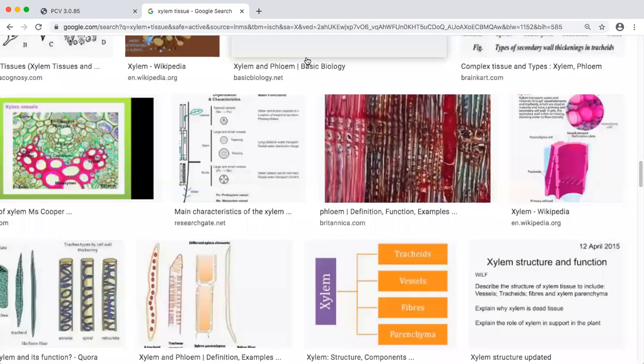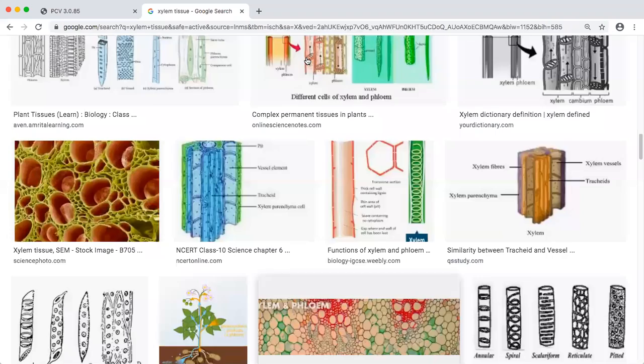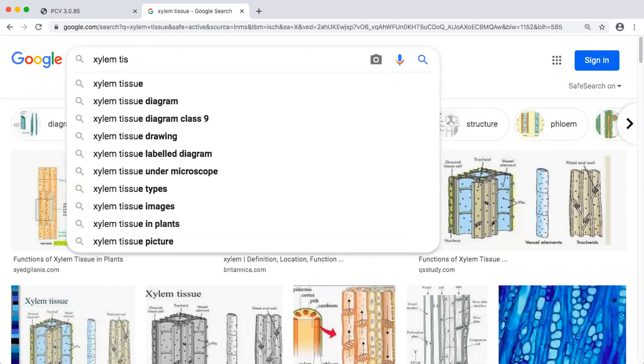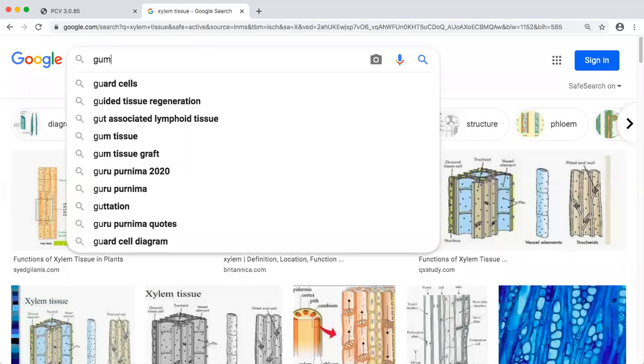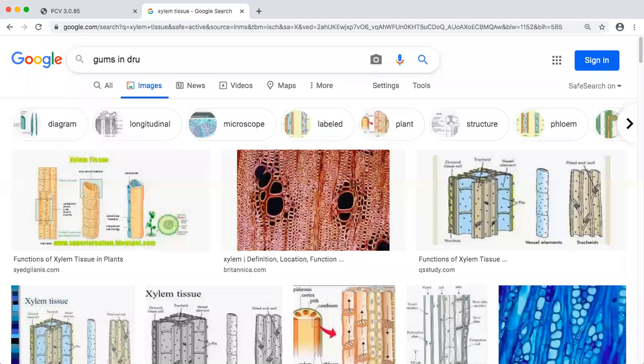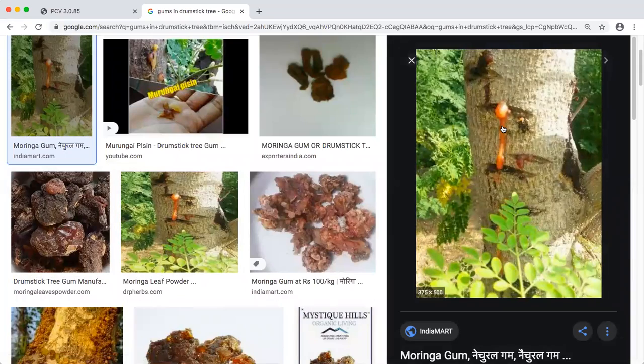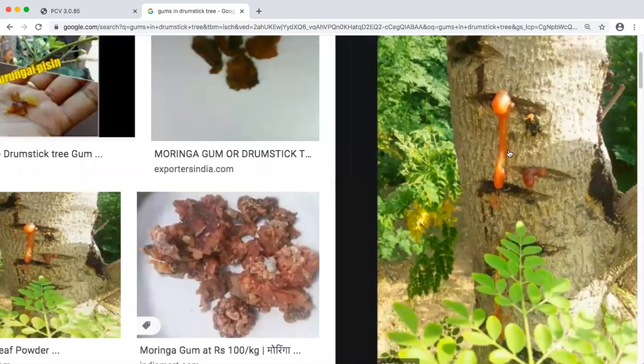Wait a minute. You see this one. In the bark of the tree and all, you will be able to see this kind of structure. This is a gum which is coming out.